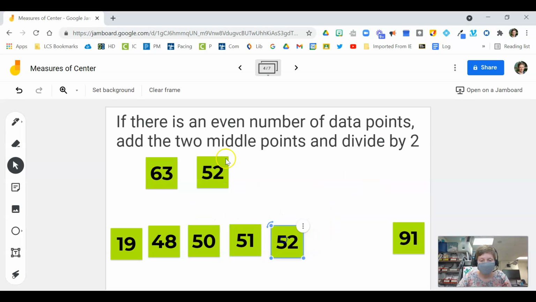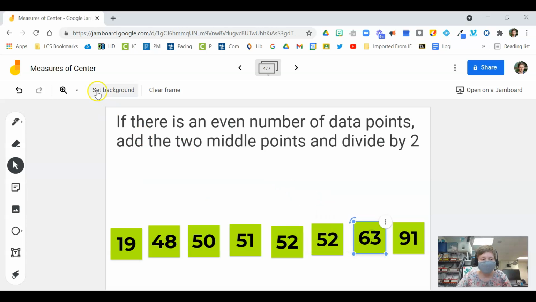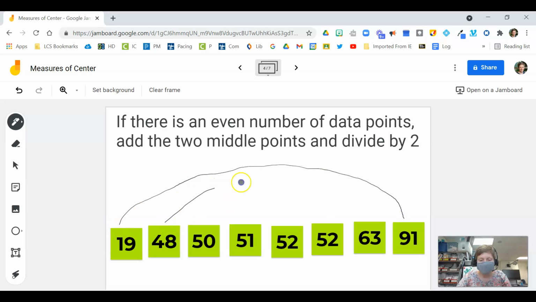Okay. So now I've put them in order from least to greatest. I'm going to try to find the middle number by connecting end to end. There's a match. There's a match. There's a match. Now I get to this point and I have 2 numbers that are together there in the middle. For the median, I need just 1.